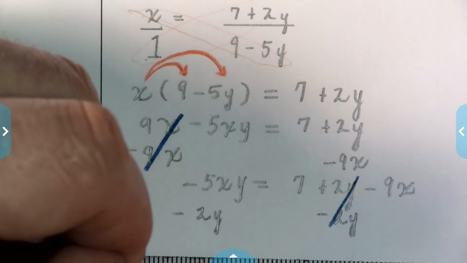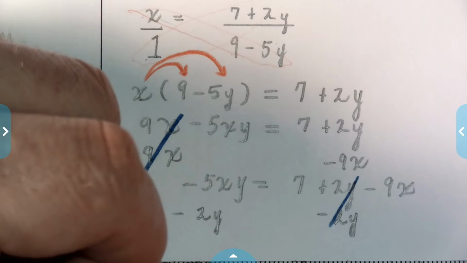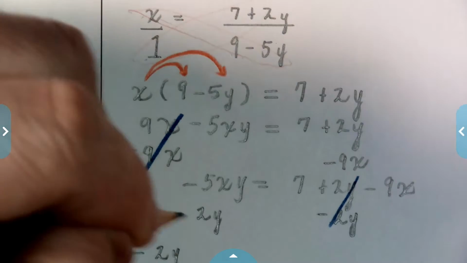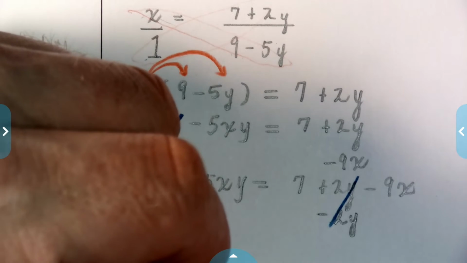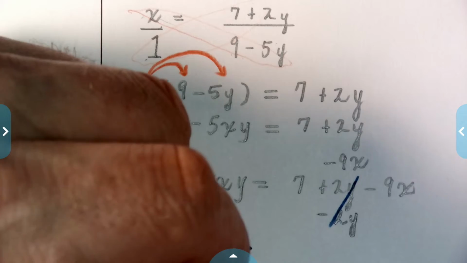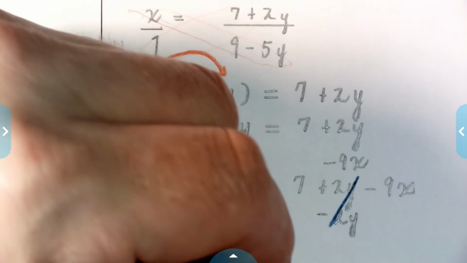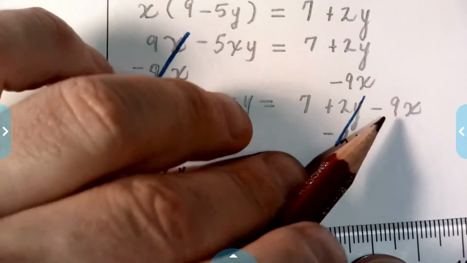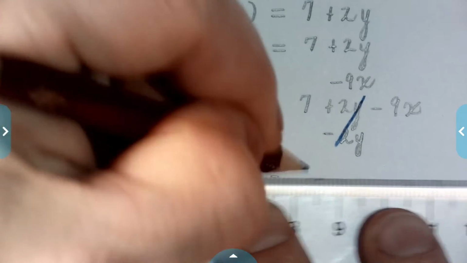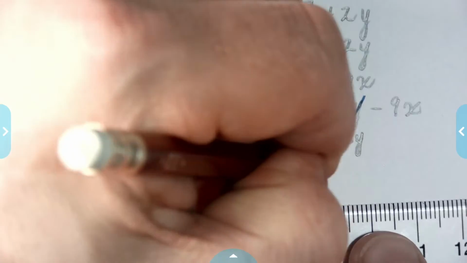And so now I've got negative 2y minus 5xy equals, and I'm going to lead with the negative 9x plus 7. So it's negative 9x plus 7.